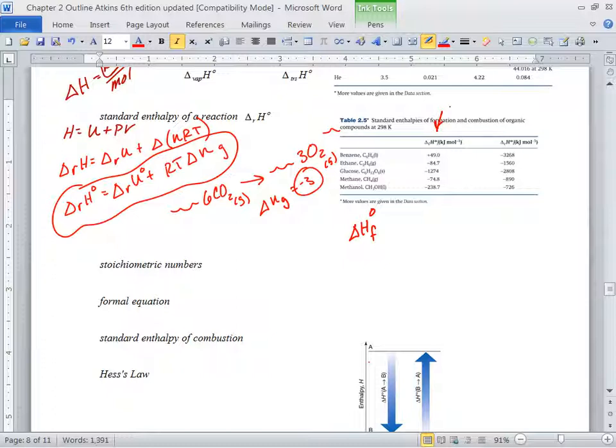If we wanted to write the standard enthalpy of formation reaction for sodium carbonate, what would it look like?